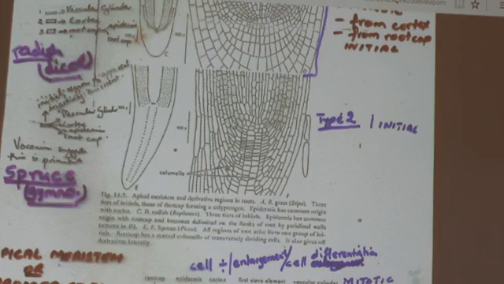What we are looking at here, we can observe these cells here, which are different from these cells here, which are different from the cells on the outside. However, all of these cells seem to be coming from somewhere here. Let us look at this individual cell, and we can see how it can produce all these cells by anticlinal and periclinal divisions.